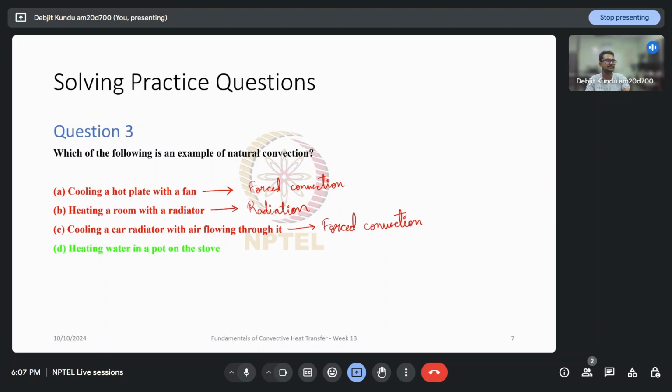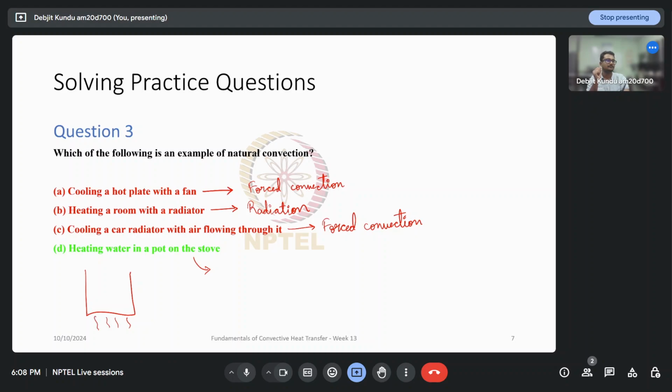Only option D is an example of natural convection, because from the stove to the pot, it goes through conduction through the material of the pot. But then from the pot to the water, that heat is transferred in a natural way. If I draw this, let's say this is where you're heating it.